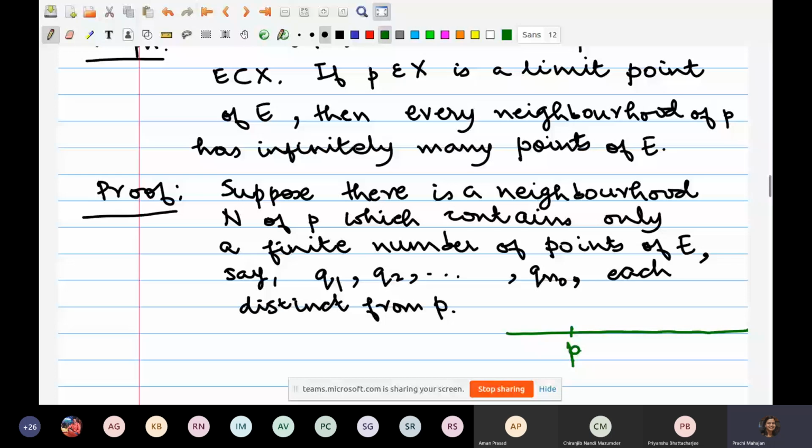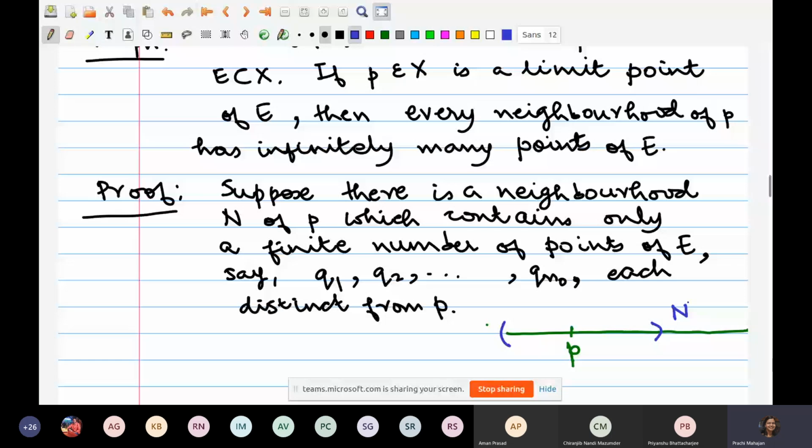Suppose that N is the neighborhood of the point P. The neighborhoods in the real line look like intervals around the point P, right?